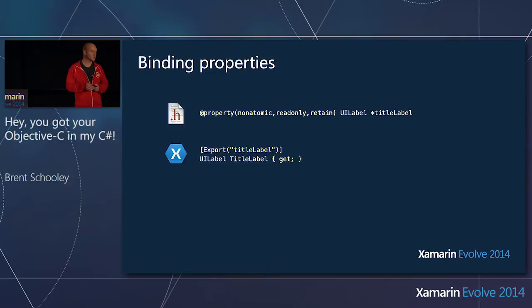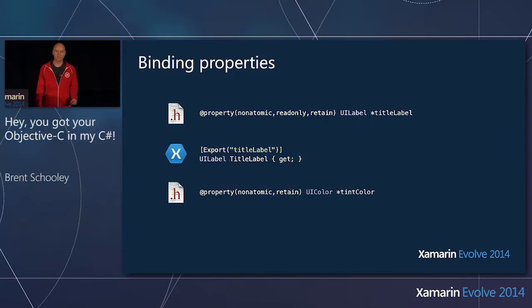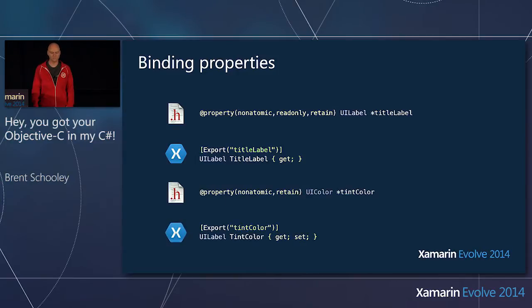And then we just declare our property like we would in C# with title label. But it's only got a getter, because it was read-only. If we had one that needed a getter and a setter, works exactly the way you'd expect it to. So we export out the name from the Objective-C library and create our property in C#.